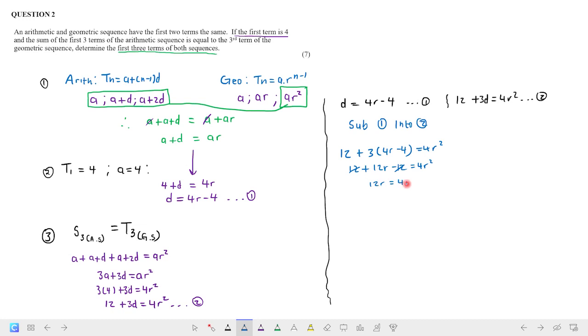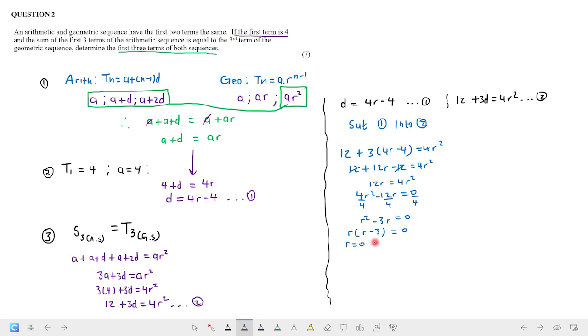And then let me take this over, so it means 4R squared minus 12R equals 0. Divide by 4, divide by 4, divide by 4. Then R squared minus 3R is equal to 0, right? And then here I have R into R minus 3, which is equal to 0. Now R is equal to 0, or R is equal to 3.